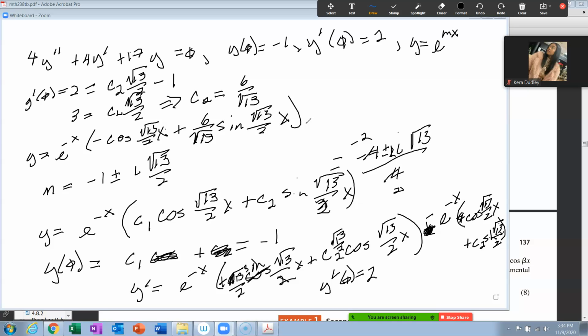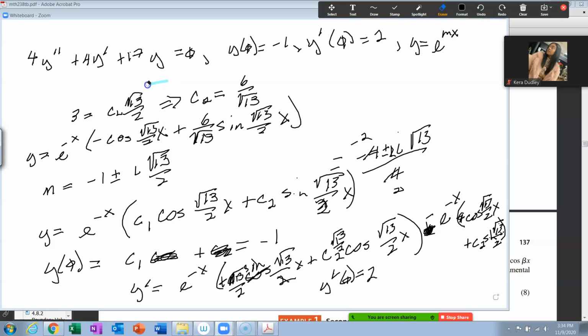Okay, let's go back to our original form. We had the auxiliary equation right, so I'm going to go back and just do a lot of erasing here. I think I've already erased some of what I need, but I should have been paying more attention to the book.